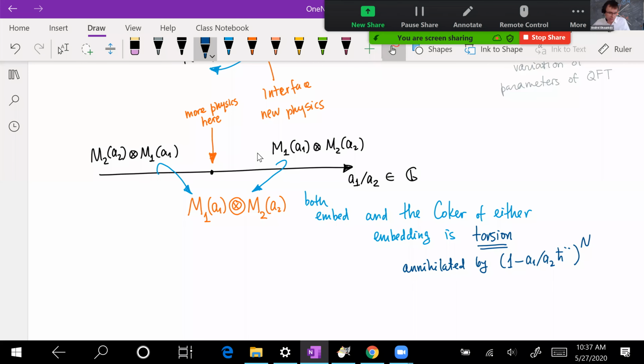And so what would be this scenario where you get a map between free modules with a torsion co-kernel? That's a very typical scenario in Okounkov's homology.